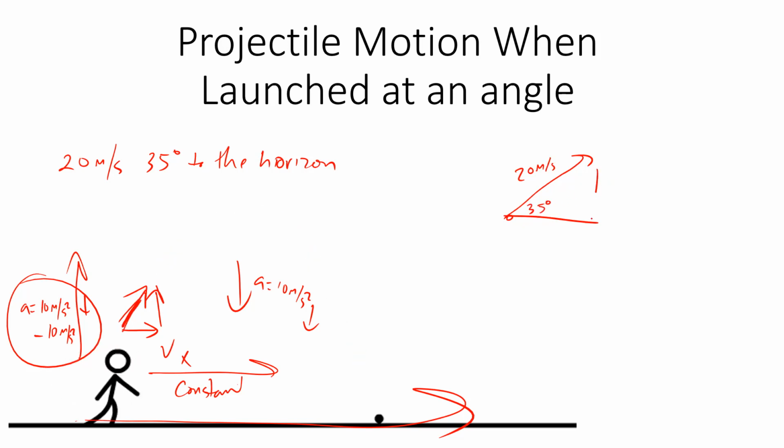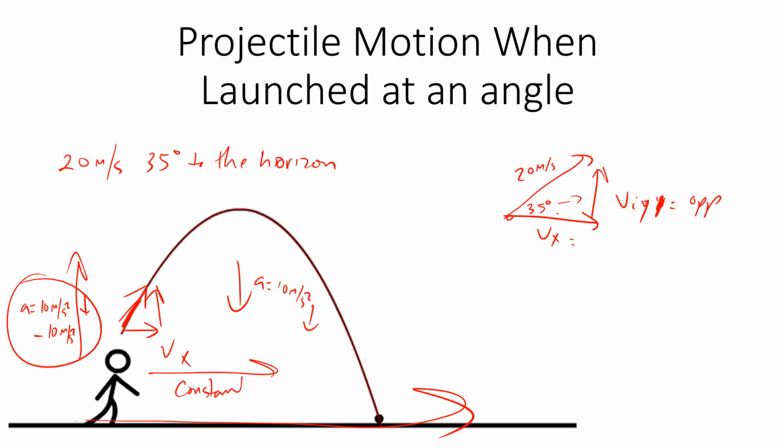We're going to break it into its Vx component and its Viy component, because this is the initial velocity, which will be changing throughout the flight. Across from 35 degrees is the opposite, and to find Vx we need the adjacent.